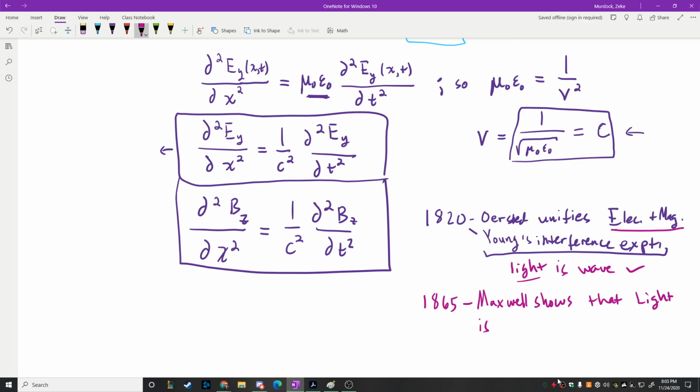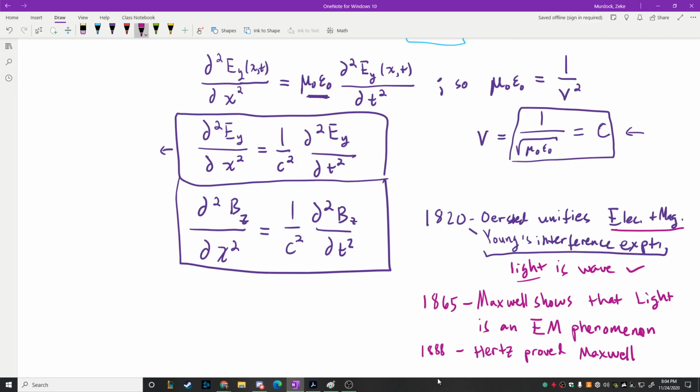It's a little more complicated, but effectively, Ørsted unified electricity and magnetism, and 45 years later, Maxwell unified optics, electricity, and magnetism all into one thing. I mean, that's nothing. And 10 years after that, 1888, Hertz proved Maxwell was right by actually producing these waves.